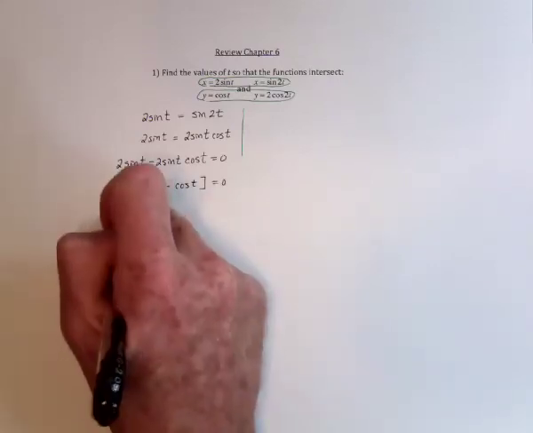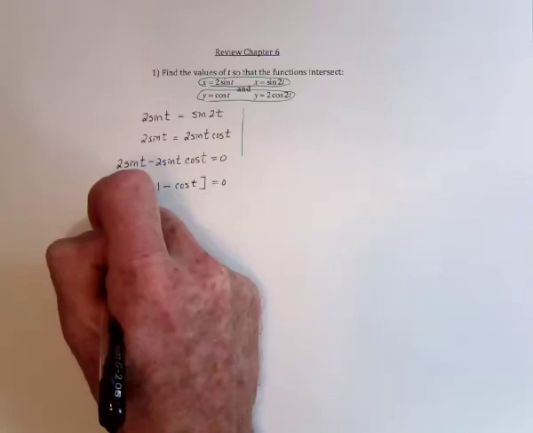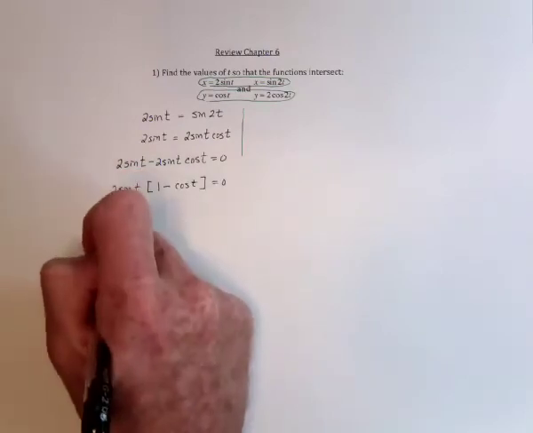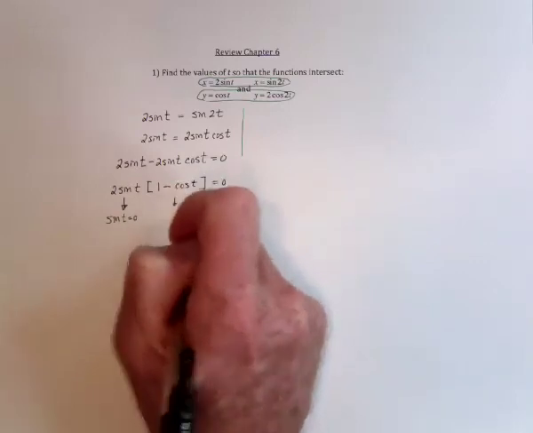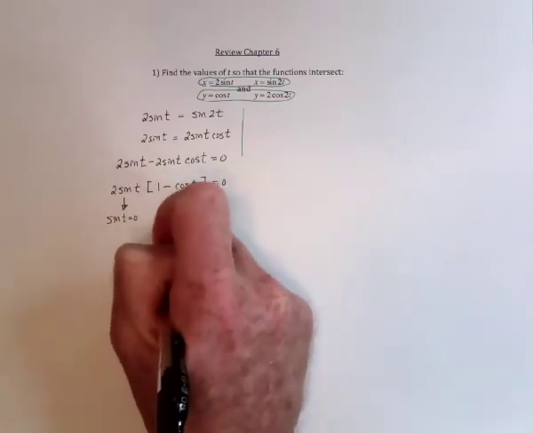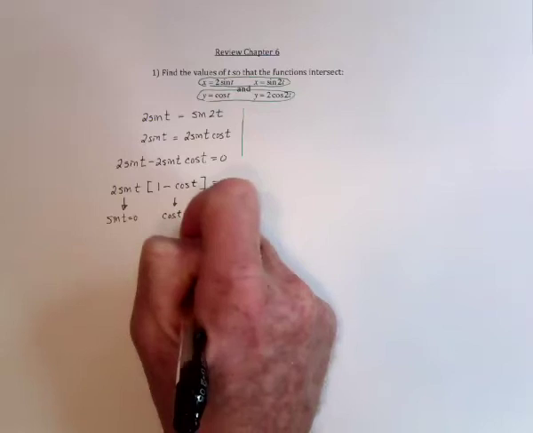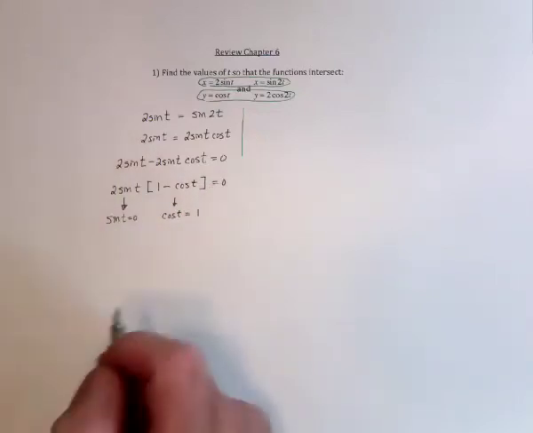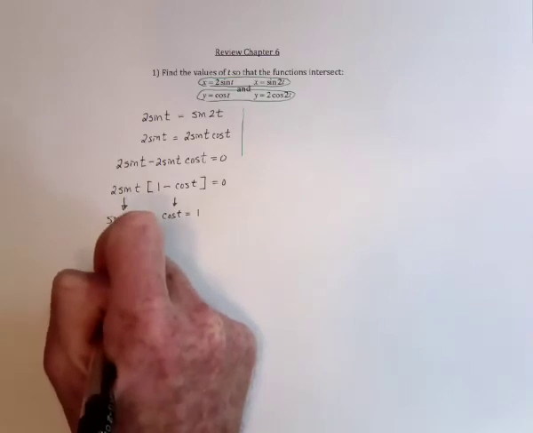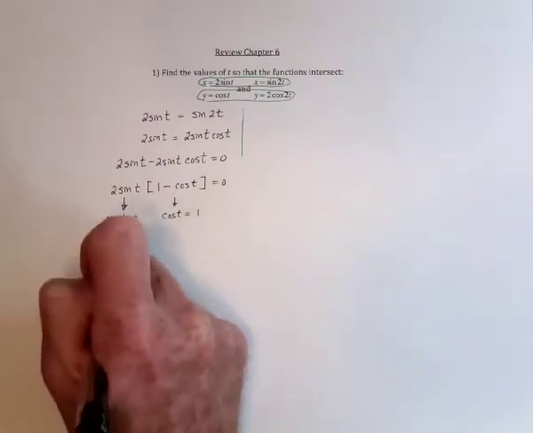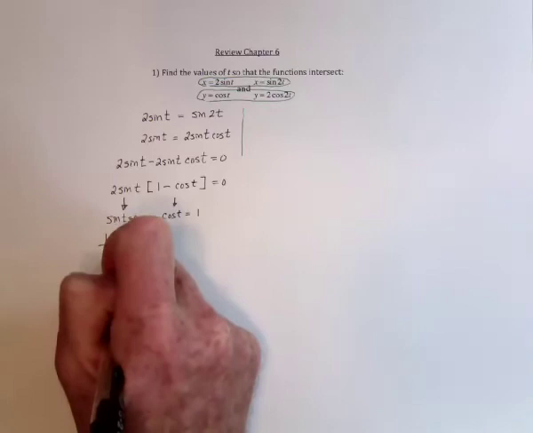And then set each factor equal to 0. So 2 is never going to equal 0, but sine can. So when does sine of t equal 0? And for this one, when does cosine of t equal 1? And for these, I don't even need a calculator. Sine looks like this. So when it equals 0, is at 0 and pi and 2 pi.